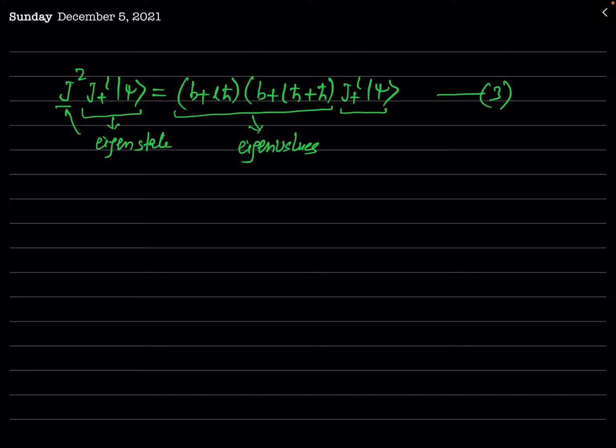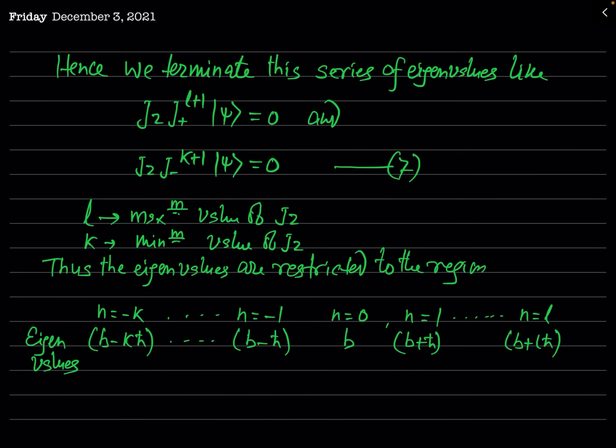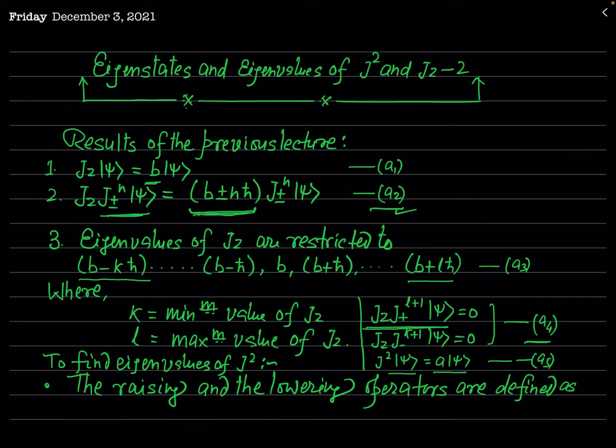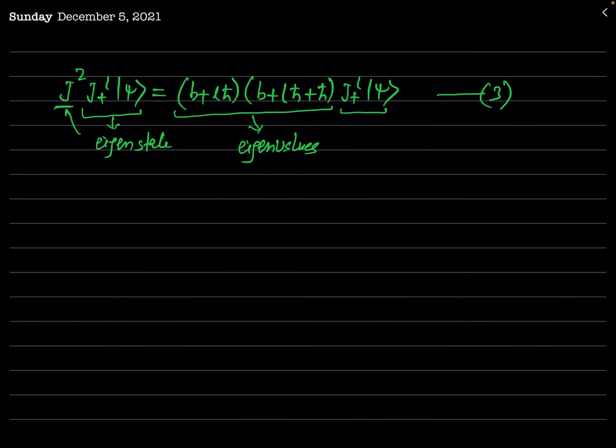So this equation actually gives the eigenvalues for the operator J square when the eigenstate is J plus L ket psi. In fact, in the similar manner, you can again find the eigenvalues of this operator by taking the maximum value of Jz, that is using this result which we have obtained earlier, this equation. By the use of this equation, we can again find the eigenvalues of the same operator J square.